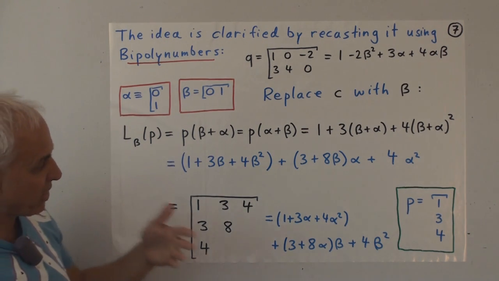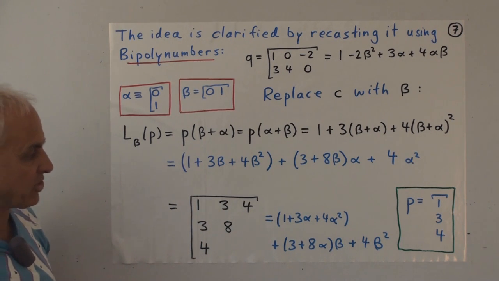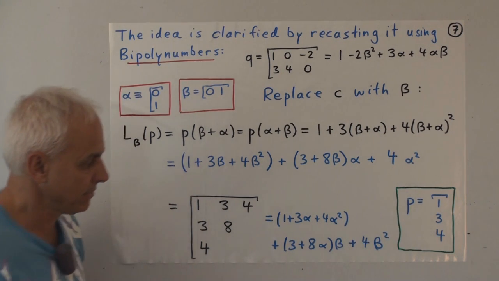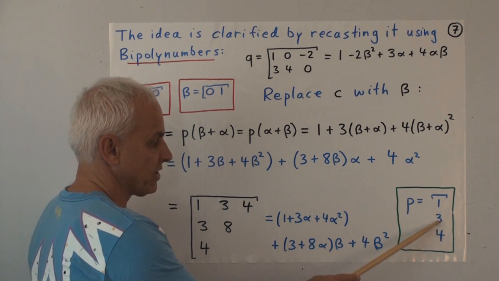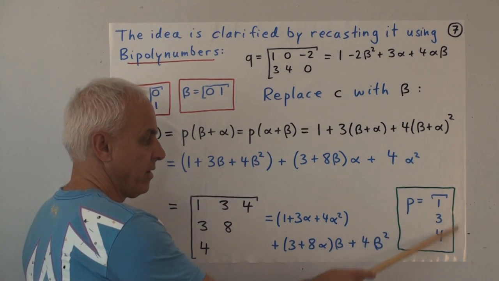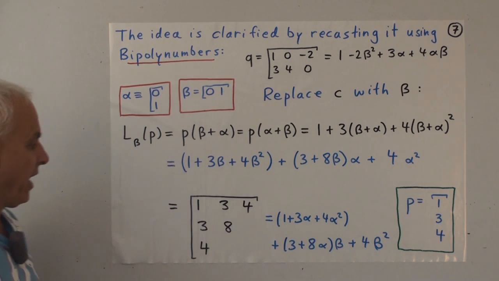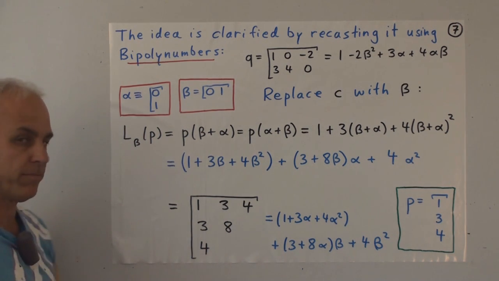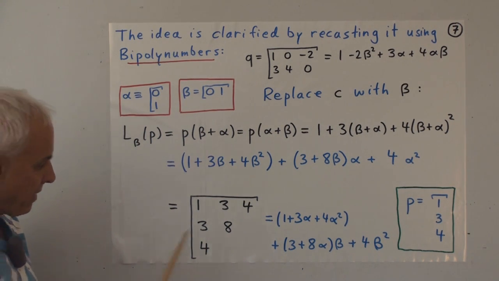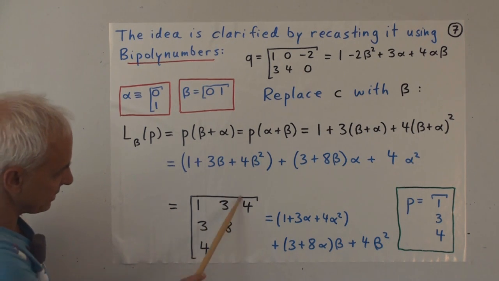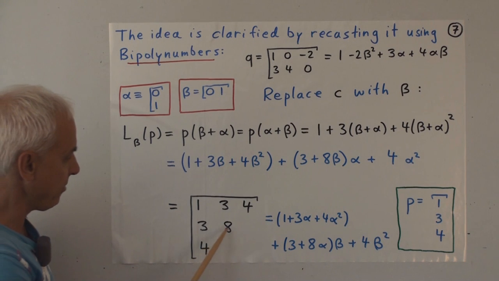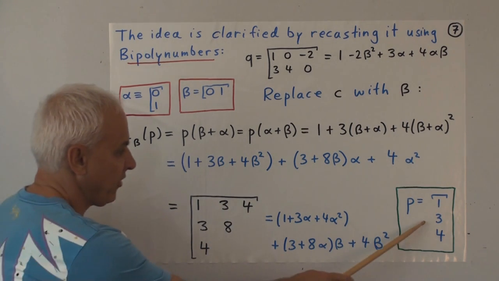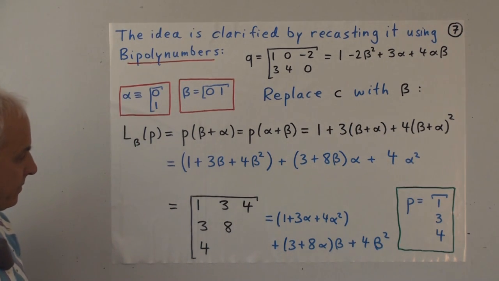So notice that the original polynumber that we started with, p, here it is in sort of its original form, 1 plus 3 alpha plus 4 alpha squared, written as a column. That's appearing right there. That's the first column. And then there's sort of this other column, and then there's this next column, and it's not entirely clear how we get them, starting from this, because this is what we started with.